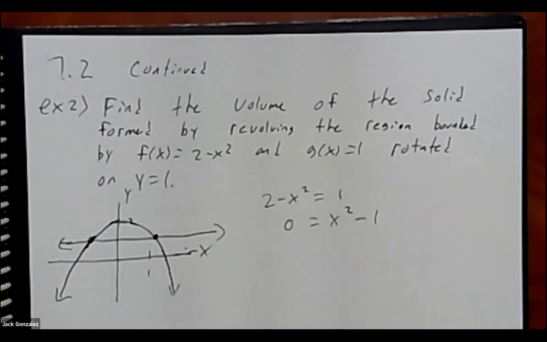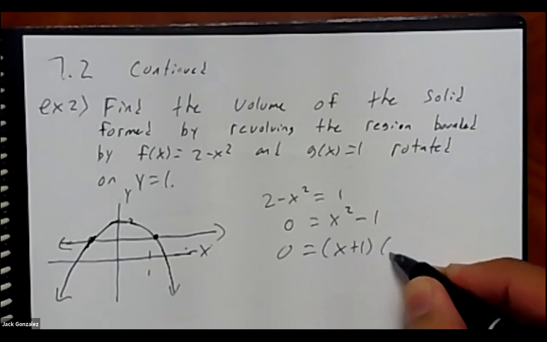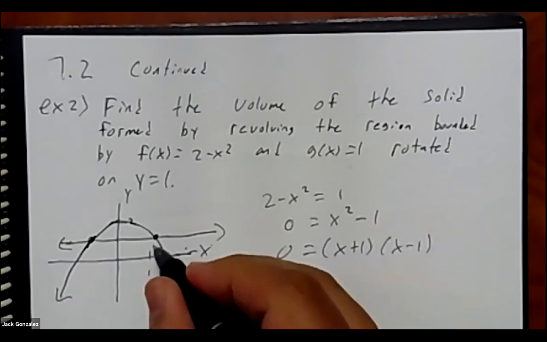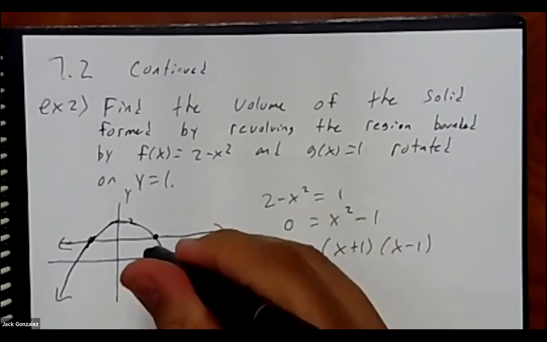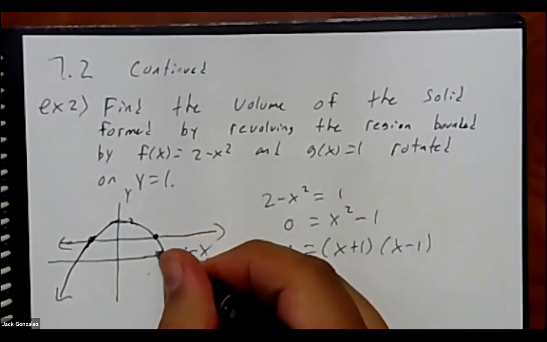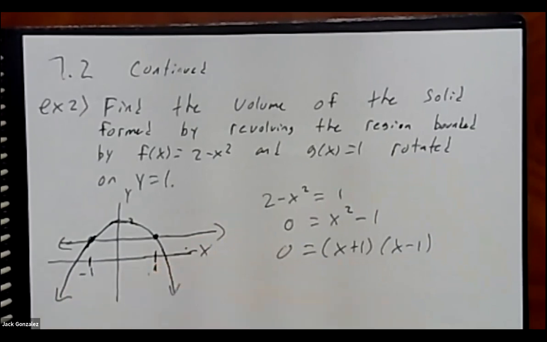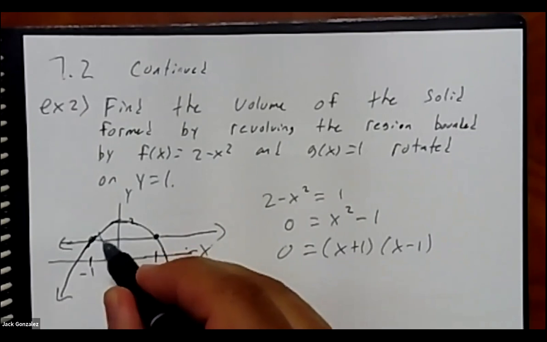Minus 2 plus x squared. Factor this, and that'll be x plus 1, x minus 1. So 1's right here, right? The intersecting points, which will help us because we need to figure out the bounds. That's the only reason I did that, because the region is right here.